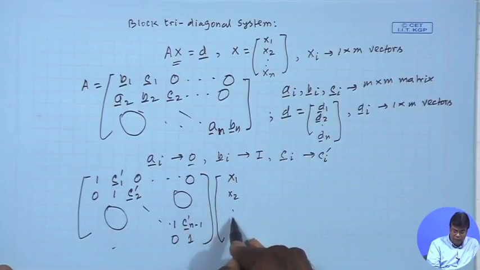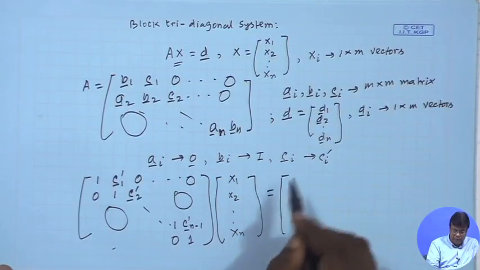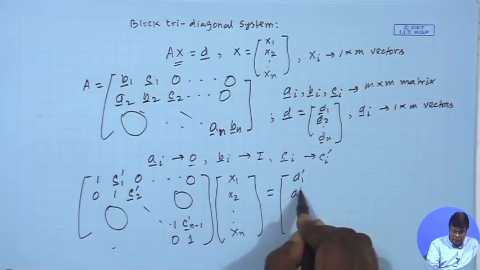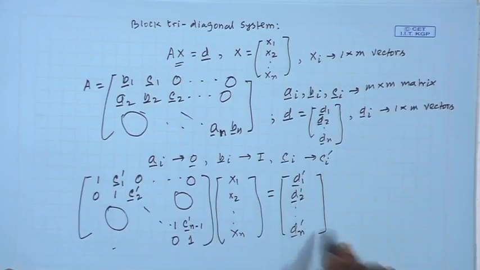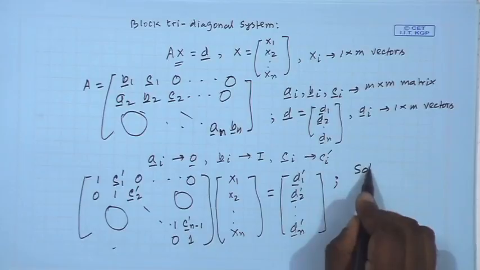This multiplies x1, x2, ..., xn, and is equal to the transformed vector d1 dash, d2 dash, ..., dn dash. Once I get a system like this, the solution is very easy.